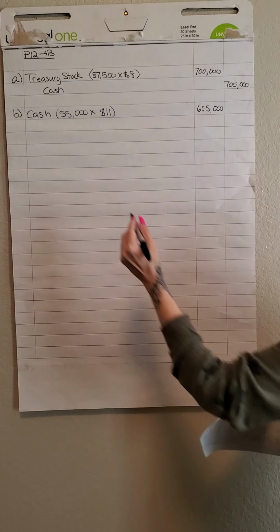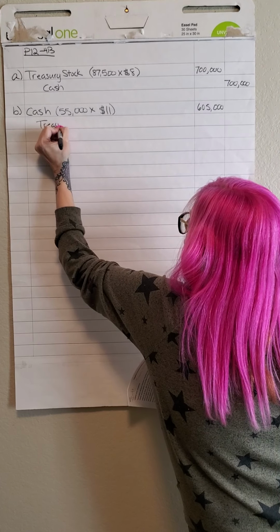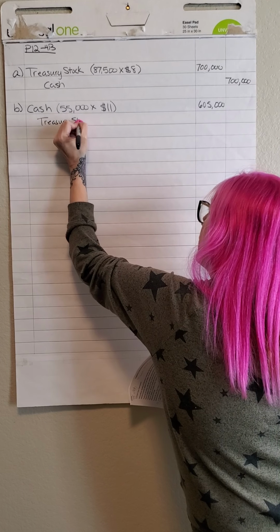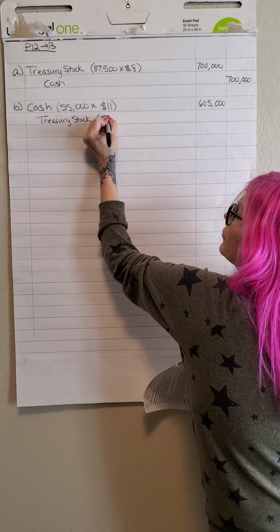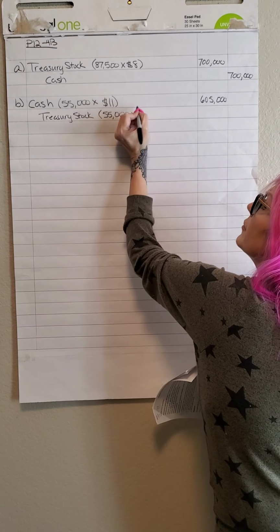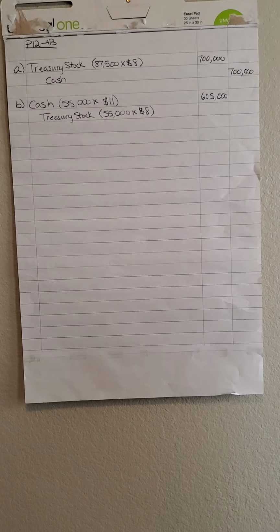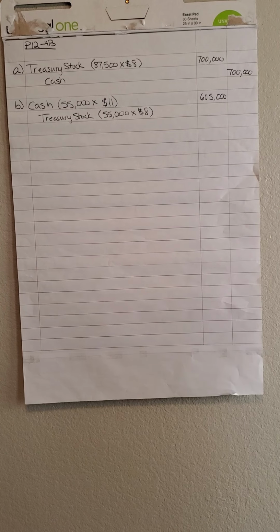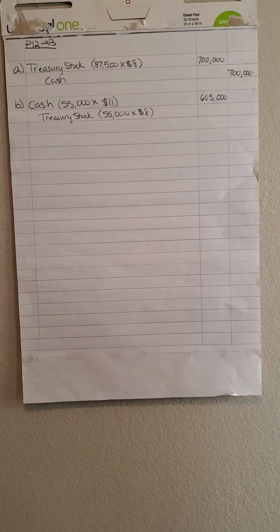We're going to reduce the treasury stock account by taking the 55,000 shares and multiplying it by the amount we paid per share of treasury stock. So we've got treasury stock. We're going to credit that account for 55,000 shares times $8.